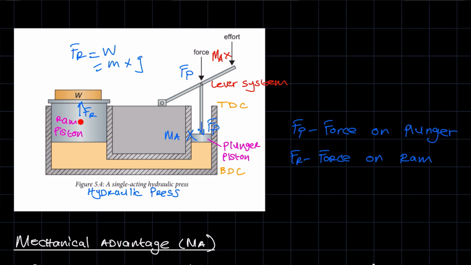And then on this side you have another piston, known as the ram piston. A simple way of differentiating between the two pistons is by looking at the piston's diameters. The plunger piston will have a relatively smaller diameter than the ram piston.